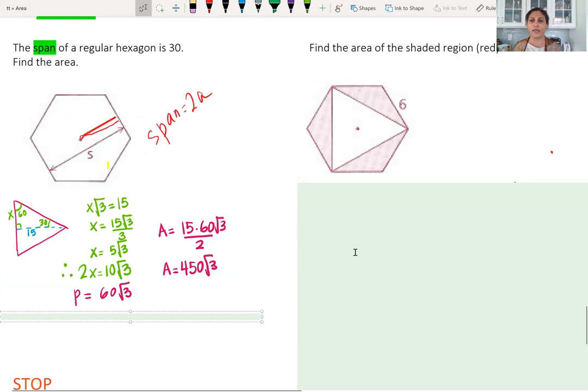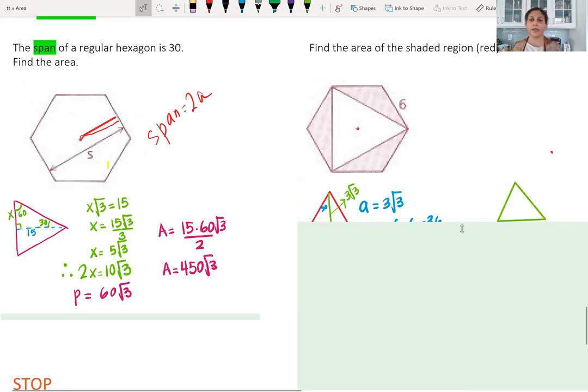In the second one, we have a hexagon with sides of 6, and it's divided. And if you can see, this triangle inside is an equilateral triangle. So first you have to find the area of the full shape.